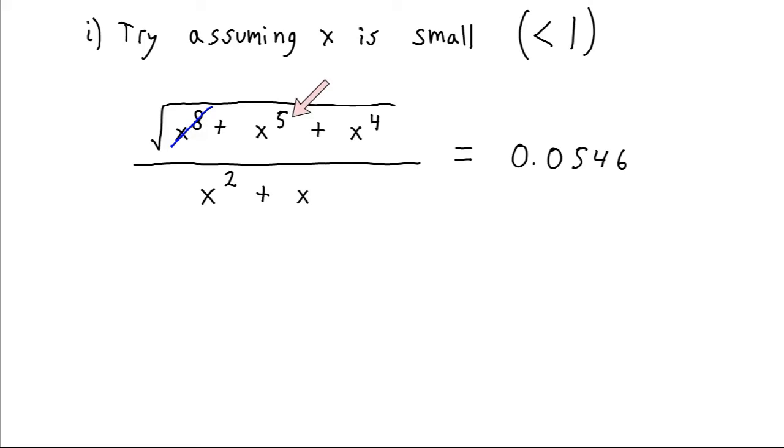Now be careful comparing x to the 5th and x to the 4th. Depending on the size of x, these might actually be fairly similar numbers. But if x has a very large denominator, then dividing by that denominator an extra time might make a significant difference between these two. So if x is very small, certainly we can get rid of x to the 5th here.